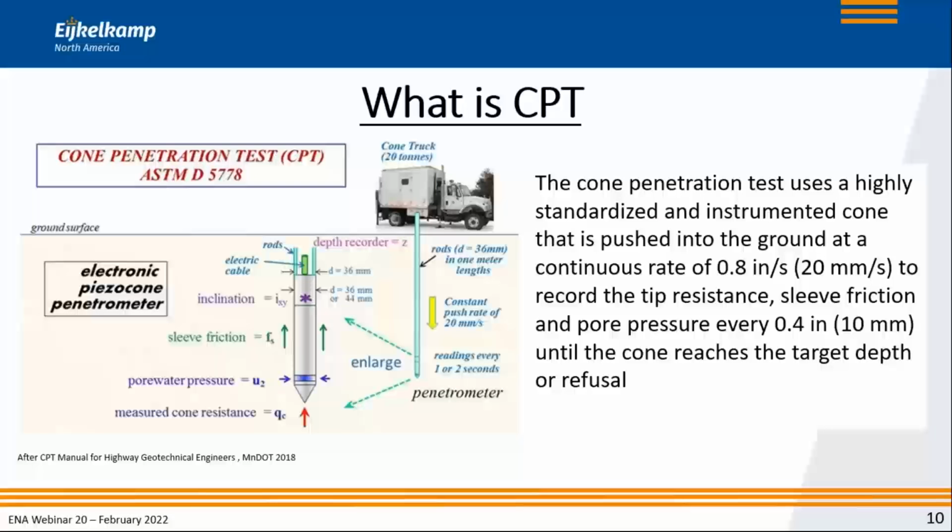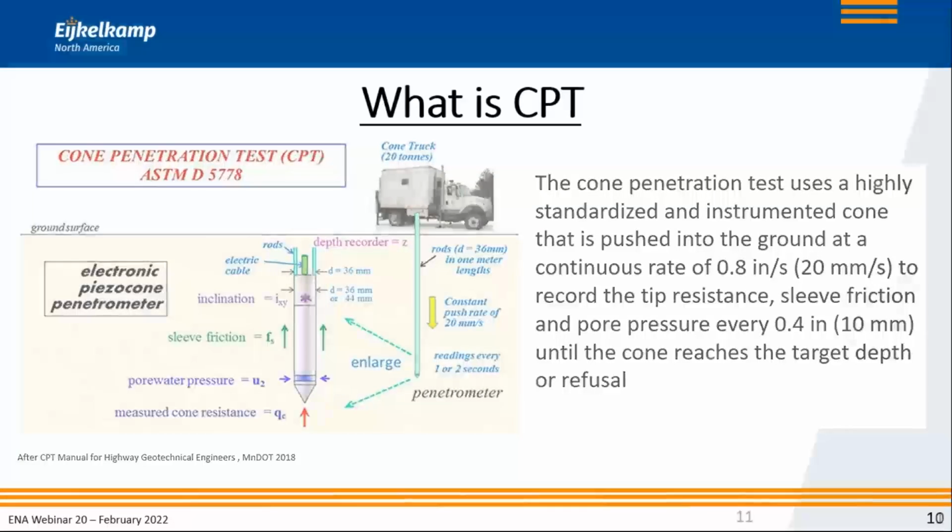The reason why we do that, and why we have also standardized the dimensions of the cone, is that we don't take a sample, but by having a very standardized method and a standardized piece of equipment, we can correlate those readings to get a very good understanding of what the soil behavior is going to be.